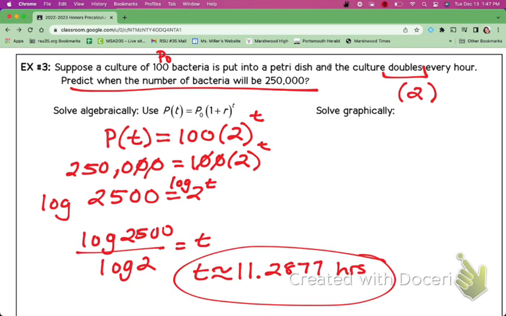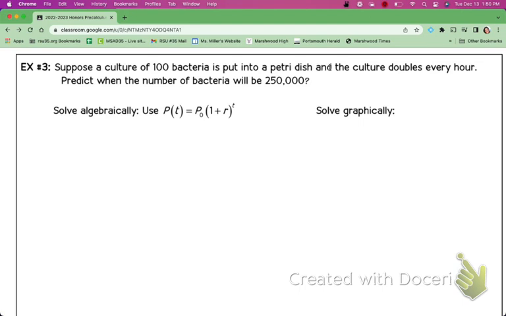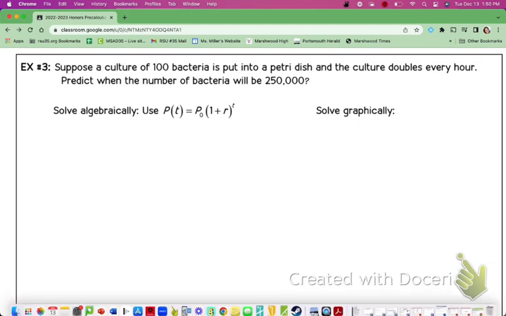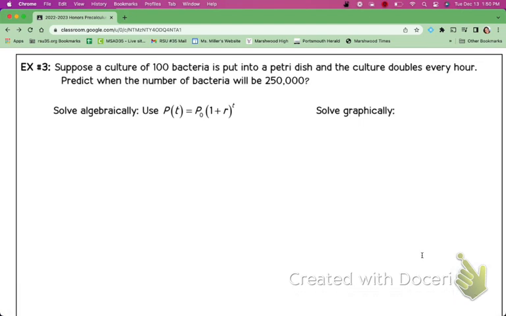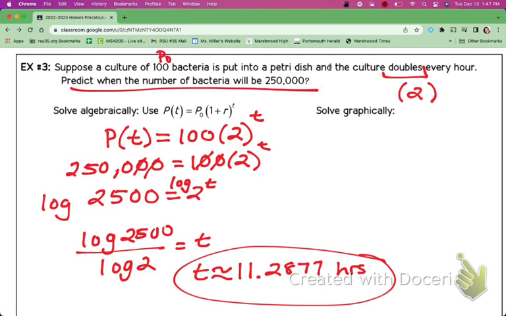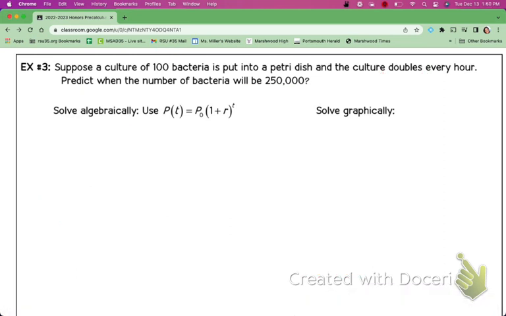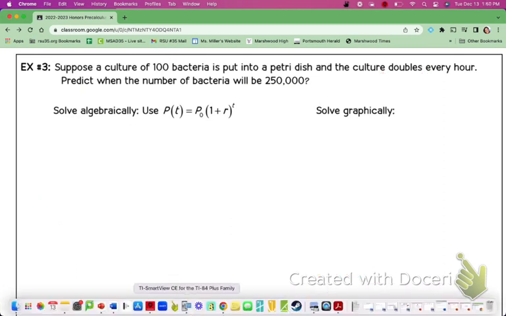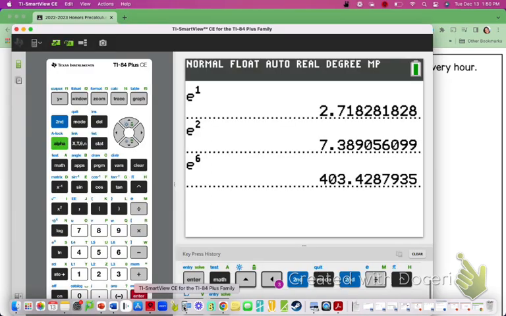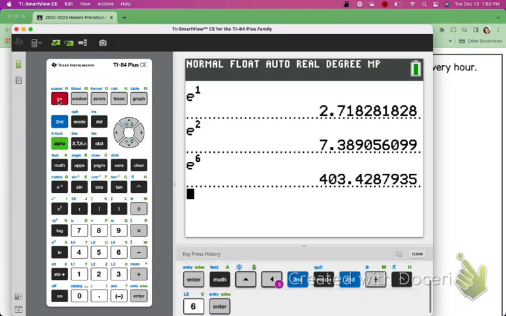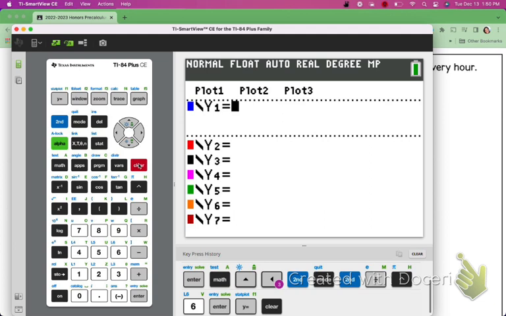Okay. All right, so now let's do some radioactive decay. Oh, really quickly, if we wanted to use our calculator, it says to show it graphically. We didn't do that. If I want to use my calculator to do it, how do we type this into our calculator? Everybody can do that? I would go under y equals. I could type in my function on the right, which is 100 times 2 to the x.